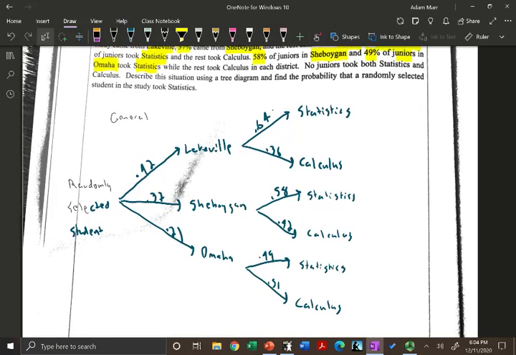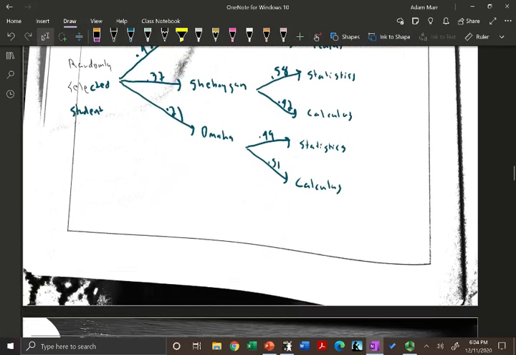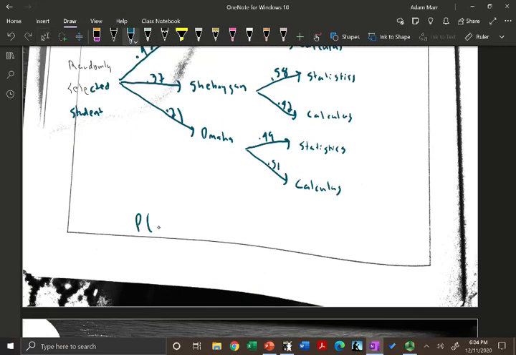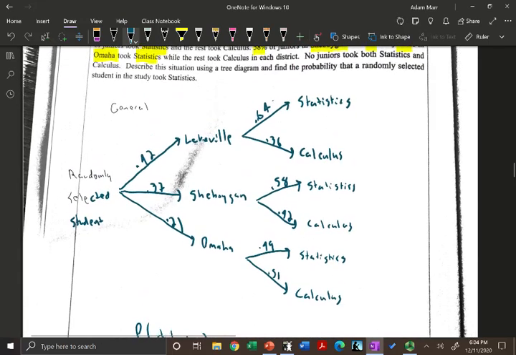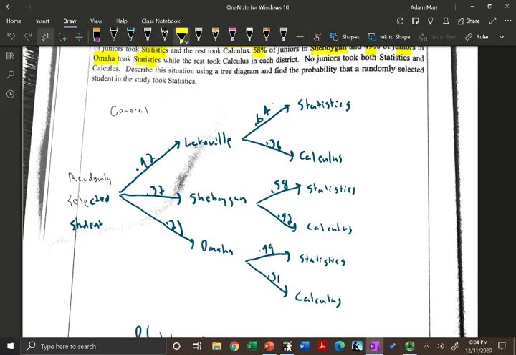Describe the situation using the tree diagram we just did, and find the probability that a randomly selected student in the study took statistics. All right, so we have to figure that out. We want that one, and that one. There's the second one, and there's the third one, and we have to multiply, right?